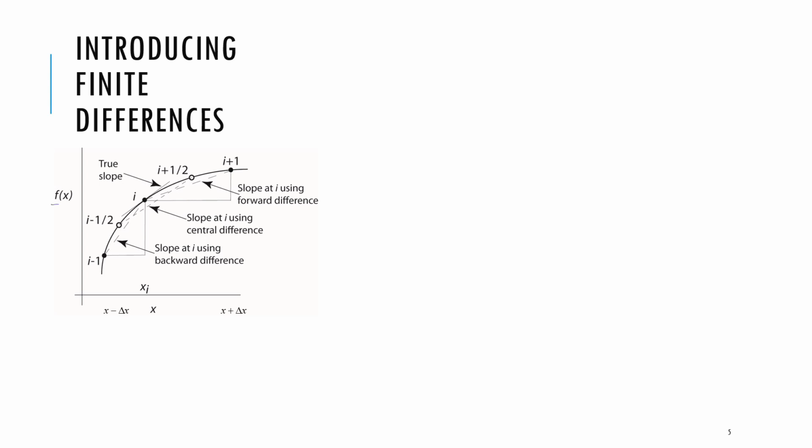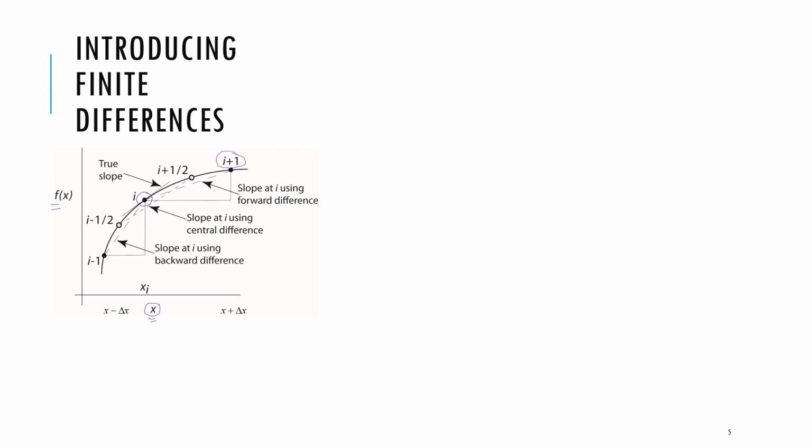Here is a function f of x that is continuous, but we will discretize it, talking only about discrete locations. So for the position corresponding to x, we denote it as i, and for the position corresponding to x plus delta x, we will denote it as i plus 1.